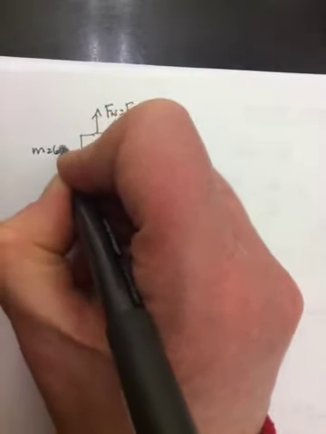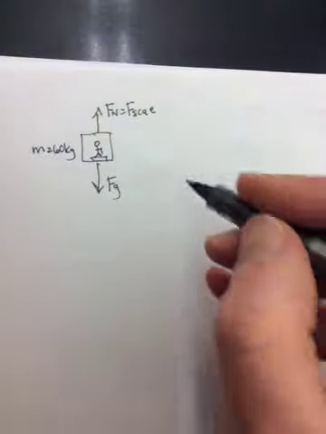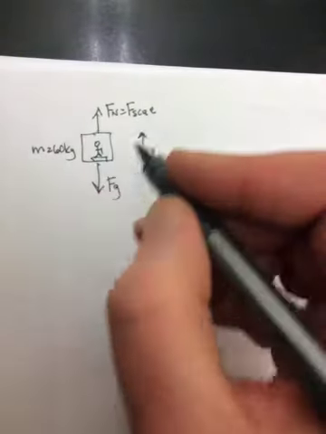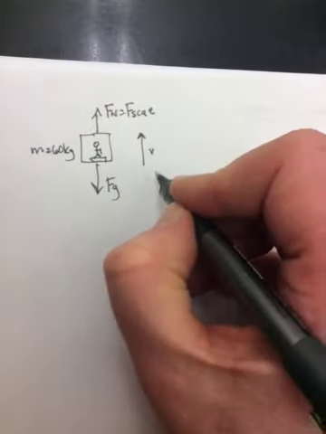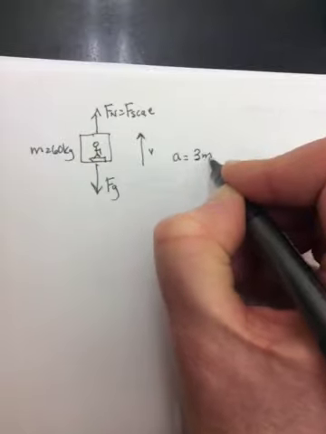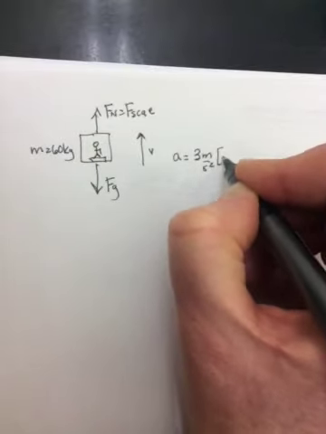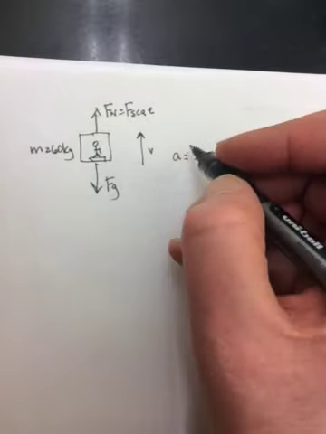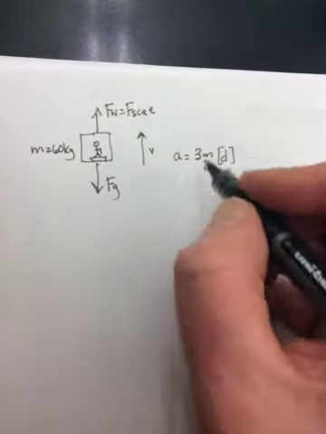Your mass is still 60 kilograms. You're still traveling upward, but this time you're getting close to that 100th floor. So this time your acceleration is going to be 3 meters per second squared down, because you're slowing down, right? You need to come to a stop when you get to the upper floor.